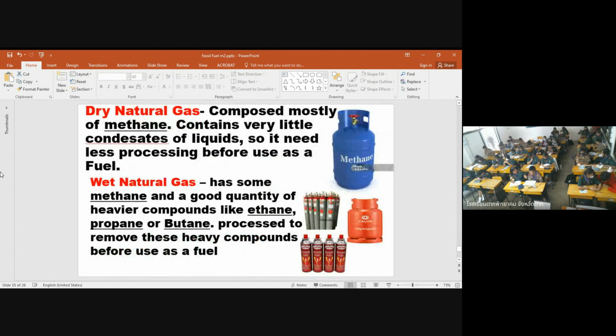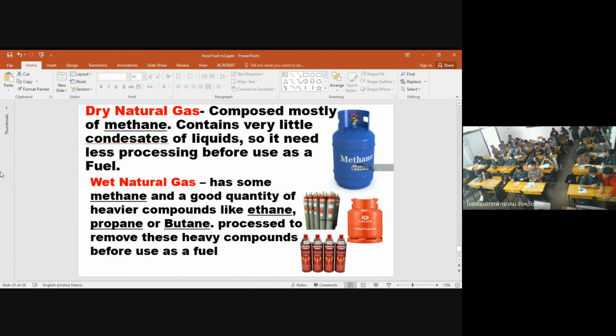So dry natural gas, listen, is composed mostly of methane. So this one is methane. It contains very little condensate of liquid. So it needs the least processing before use as fuel. So this one is your dry natural gas.